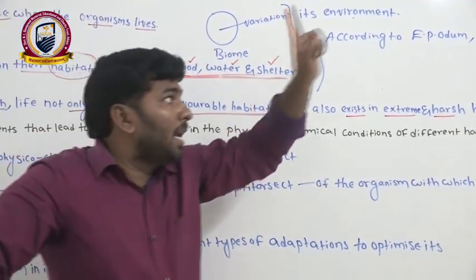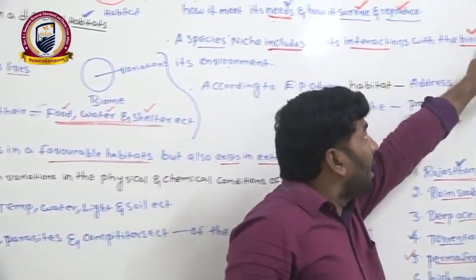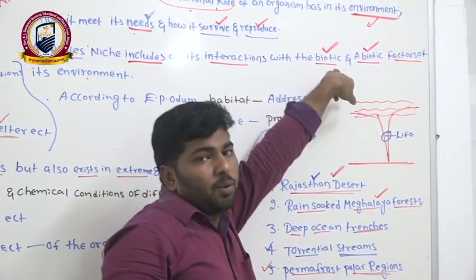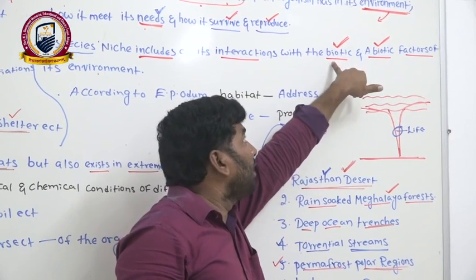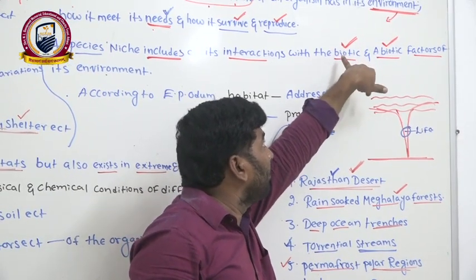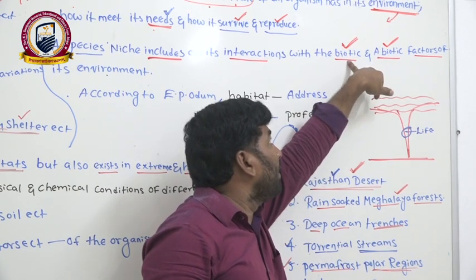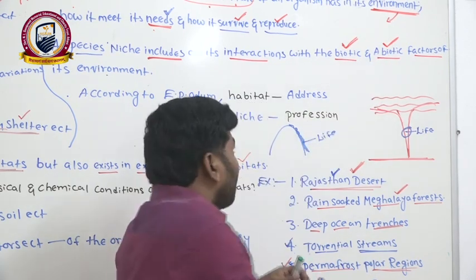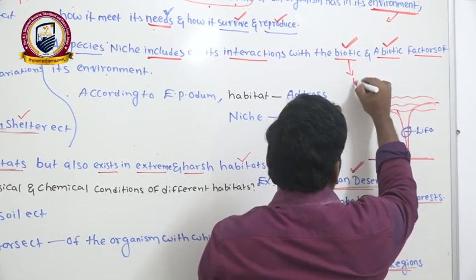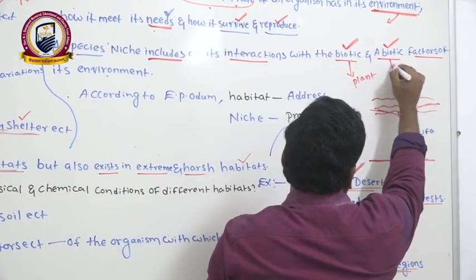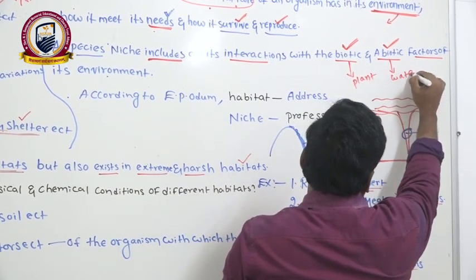Water is an abiotic factor and flower is a biotic factor. Here the honeybee is interacting with the flower as well as with water. The flower we are considering under the category of biotic. Here plant is biotic, water is abiotic.